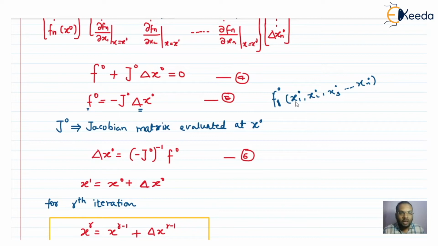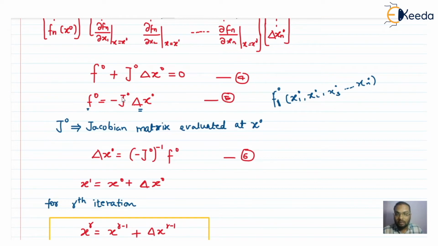As we have assumed some values for these variables, x1 naught, x2 naught and so on, definitely they will have numerical values. If I put these numerical values in, I get a value for this function. So I know this f naught now, and with the help of f naught we can evaluate this Jacobian matrix.